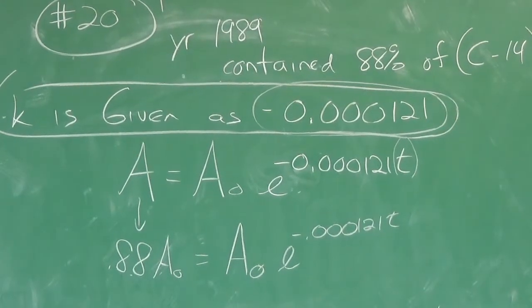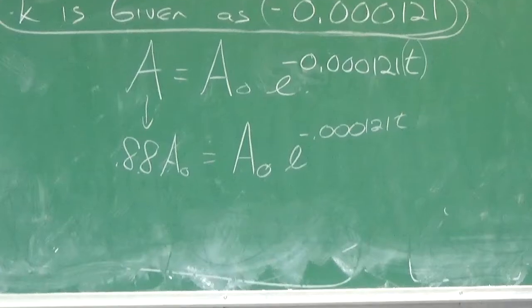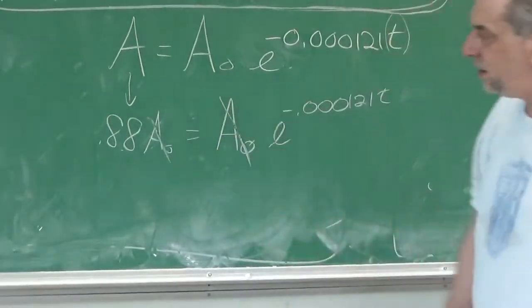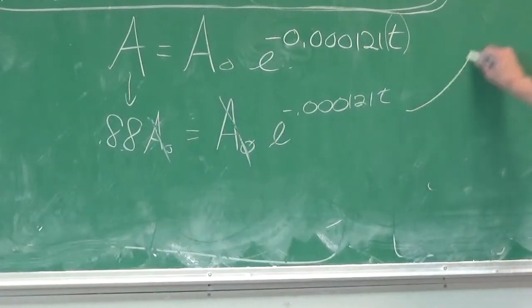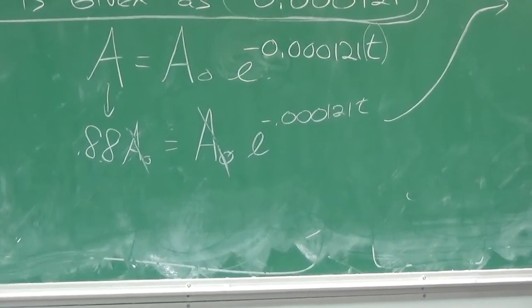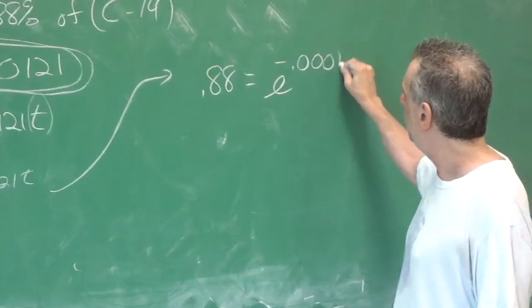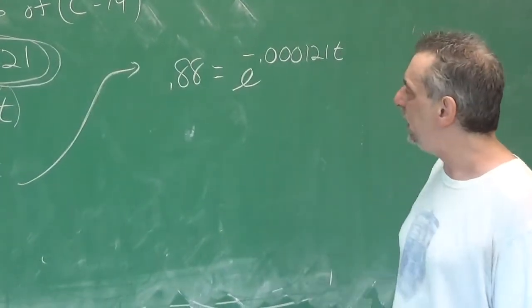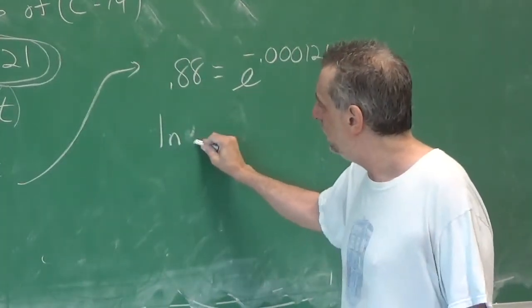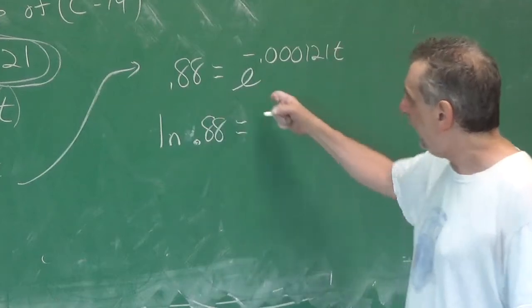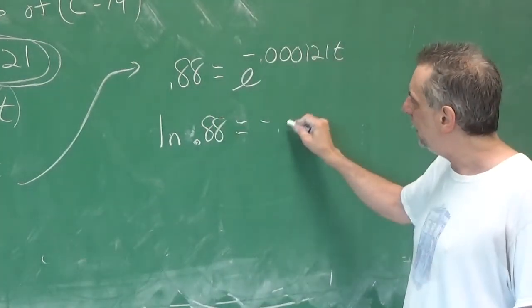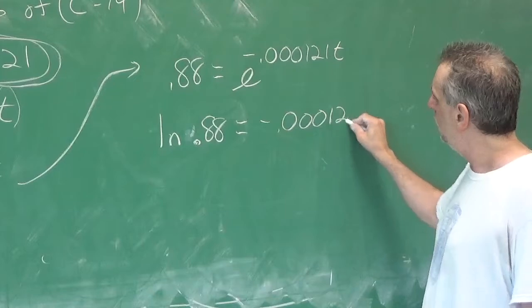Just like we did with half-life and doubling time, we don't care what the original amount is, that just factors out of each side. And now we're left with 0.88 equals e raised to that value. We take natural logs of both sides. Natural log of e raised to anything is just that anything.